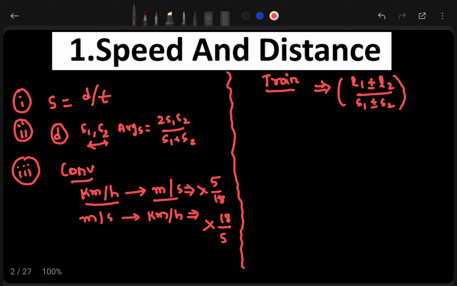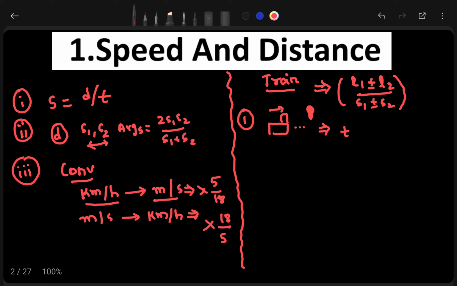We shall now discuss which is plus and which is minus. The first scenario is, assume that there is a train that is moving in this direction, and there is a pole here. He will ask how much time the train needs to cross this.